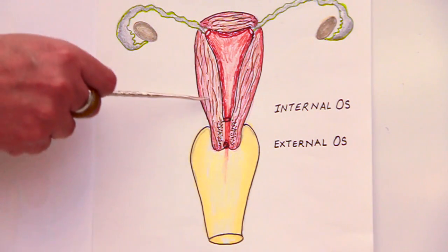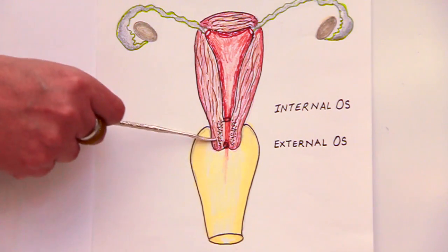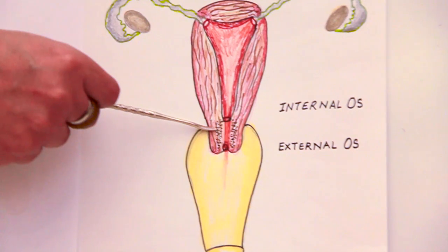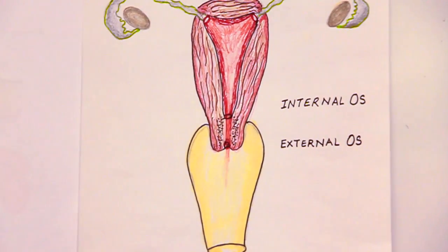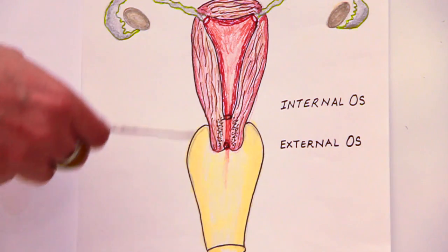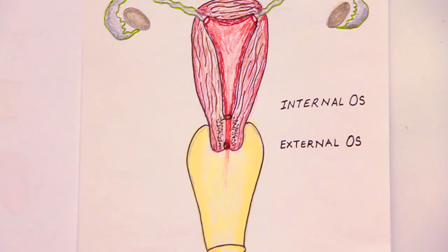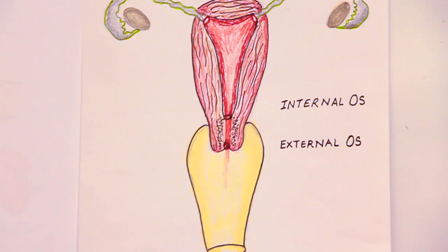For example, the myometrium, or the middle layer of the cervix, is mainly made out of connective tissue fibers and elastic fibers. Hardly any smooth muscle fibers are there. It's mainly elastic and connective tissue.